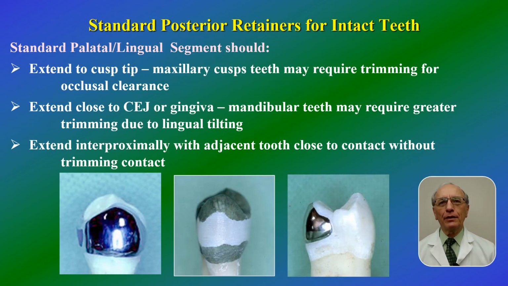The standard palatal or lingual segment should extend to the cusp tip. Maxillary cusp may require trimming for occlusal clearance. It should extend close to the CEJ or gingiva. Mandibular teeth may require greater trimming due to lingual tilting. And again, altered passive eruption should be corrected if necessary.